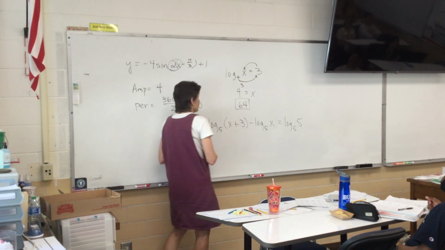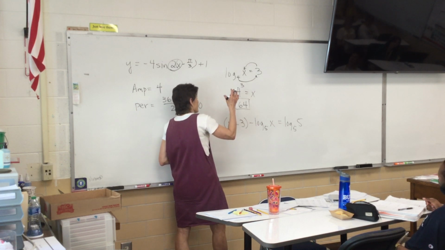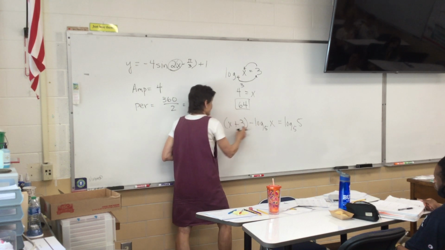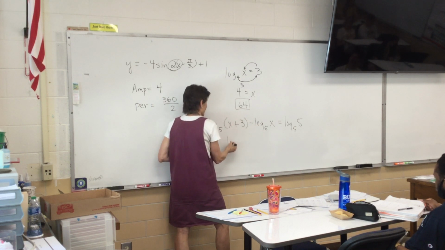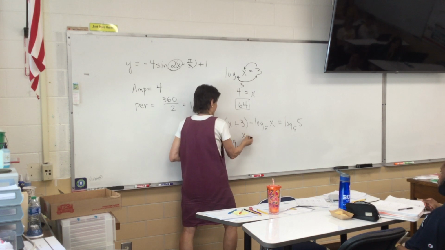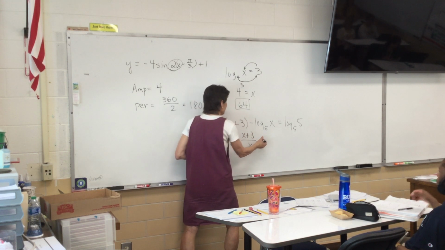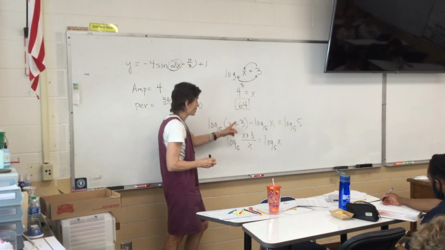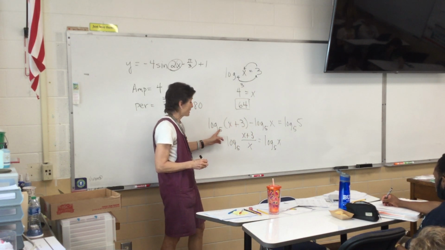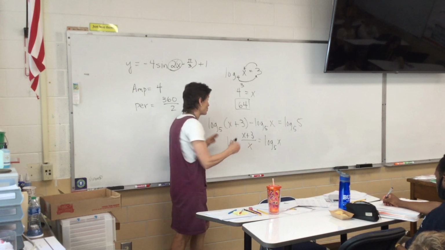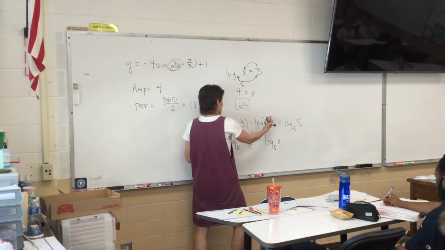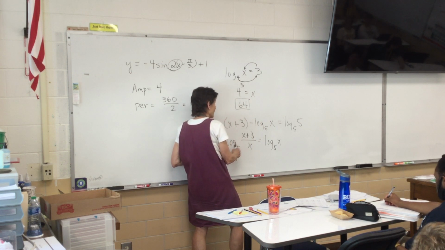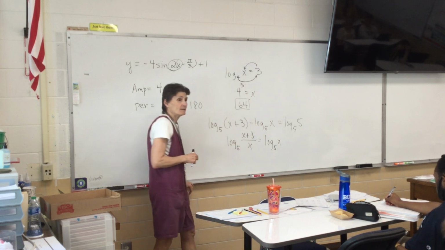So here we go. First thing, there are too many logarithms over here. We need to combine these two logarithms. I said x plus 3 over x. They combine by a division. Remember, if the logarithms are subtracted, the numbers are divided. So we can squeeze these two logarithms together into one by making that a division.